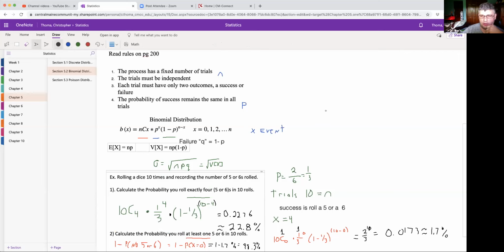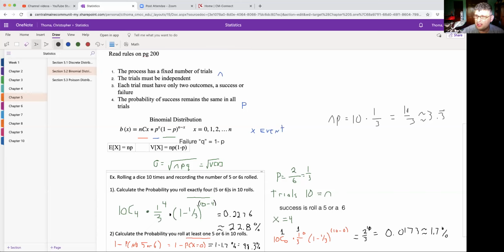I should have been using their draw, right? N times p is my expected value. So my n is 10, my p is 1/3, so my answer is 10/3, or approximately 3.3 repeating.